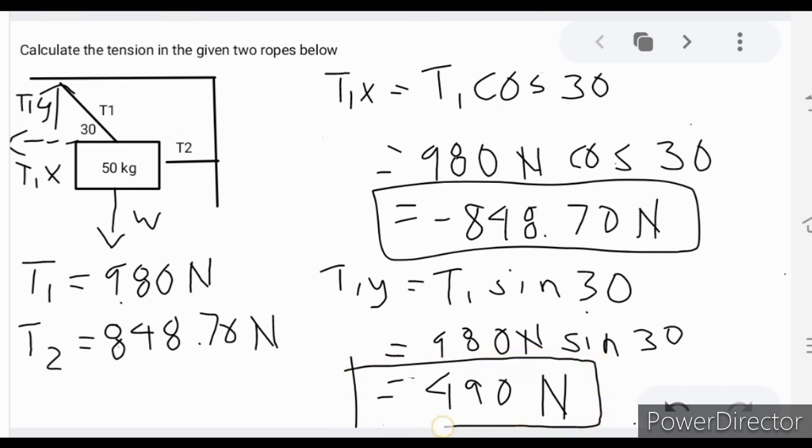So that is the value for Tx sub 1 and Ty sub 1. Then let's compute the weight, because it is also on our free-body diagram. Weight is mass times gravity, where the mass is 50 kg and the gravity is 9.8 meters per second squared, so we get negative 490 Newton.